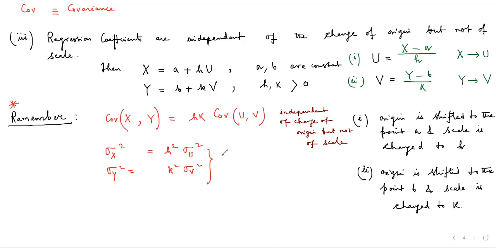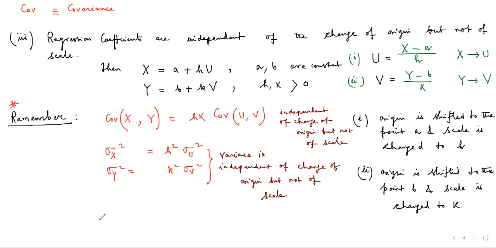So this means variance is independent of change of origin, but not of scale.